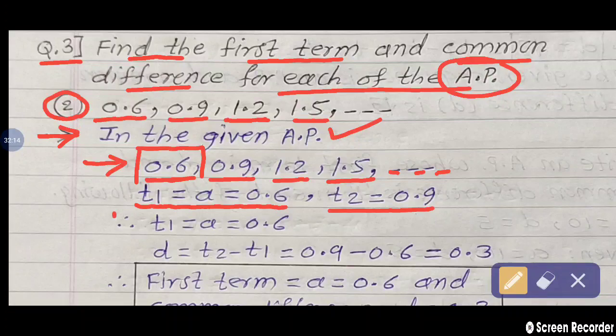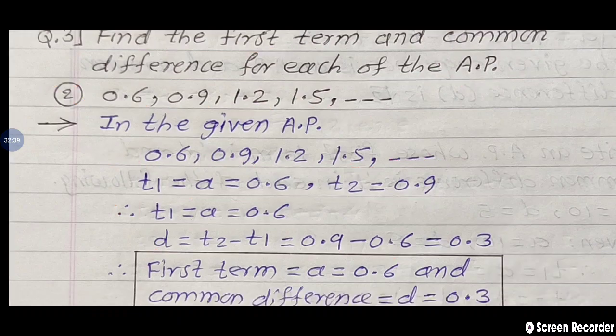And therefore, our first term T1 is equal to A is equal to 0.6 and difference D is equal to T2 minus T1. What is the second term? 0.9 minus first term 0.6. So 0.9 minus 0.6, our common difference is what? 0.3. And finally, we write the answer.